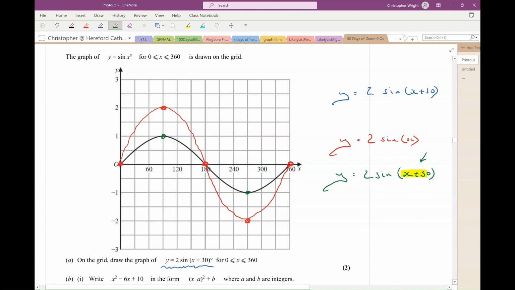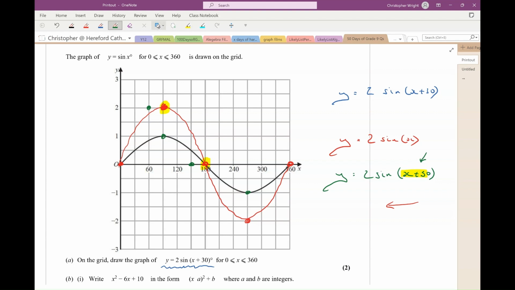So I'm going to translate my red curve by 30 units to the left. This point is going to go 30 units to the left, so it's going to go to here. Meanwhile, this point is going to go 30 units to the left, to here.